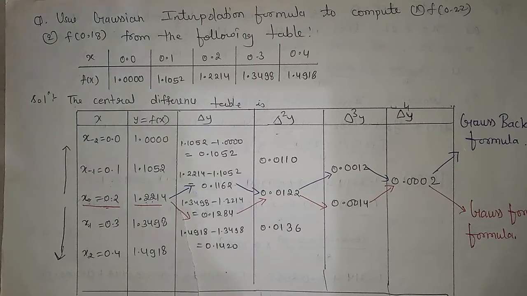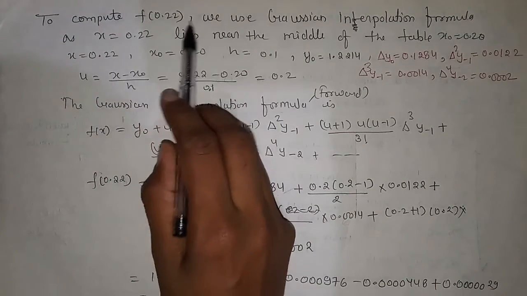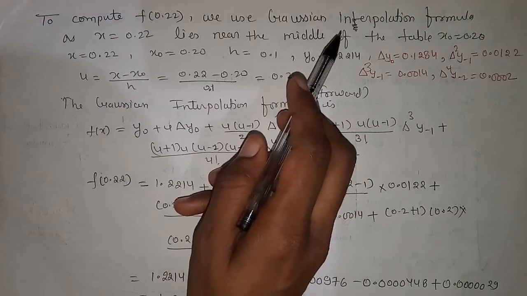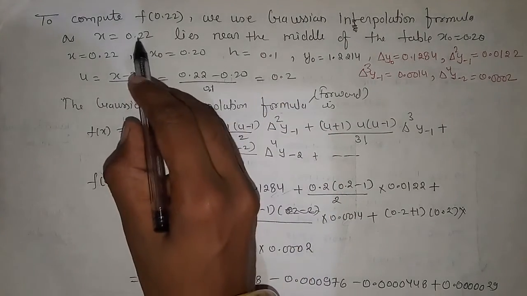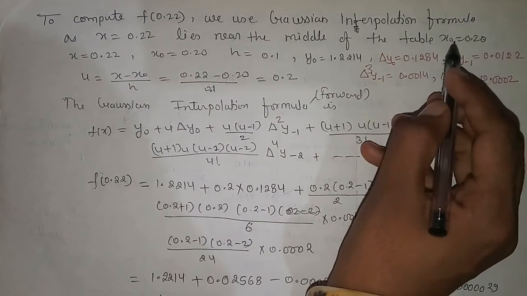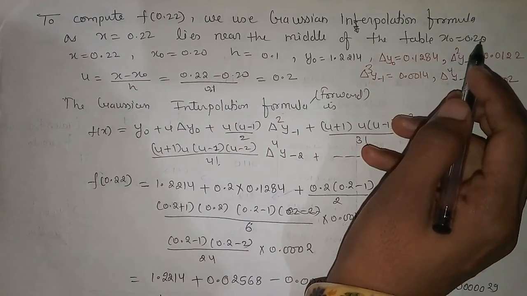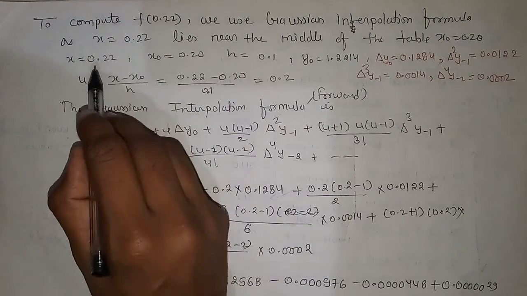Now we will see the formula. Here we have to compute f of 0.22 using the Gauss forward interpolation formula. So here x is 0.22, which lies in the middle of the table, and we are selecting x0 as 0.2 because we are using the Gauss forward formula. What things do we need here?